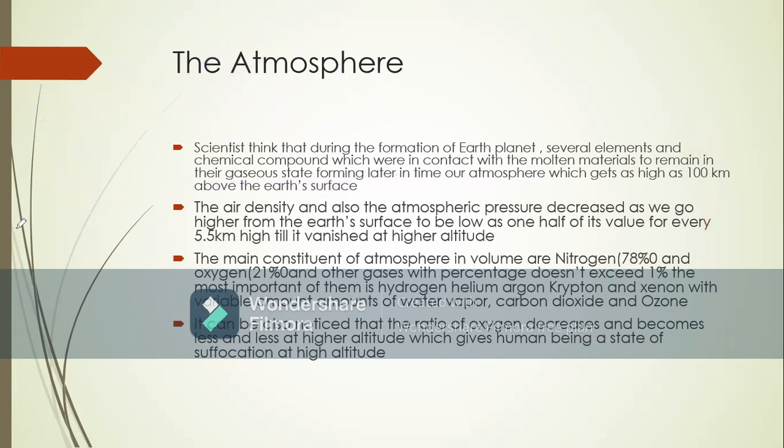The air density and also atmospheric pressure decrease as we go higher from the Earth's surface. Imagine this is the Earth's surface, and for every 5.5 kilometers, what is the meaning of that?